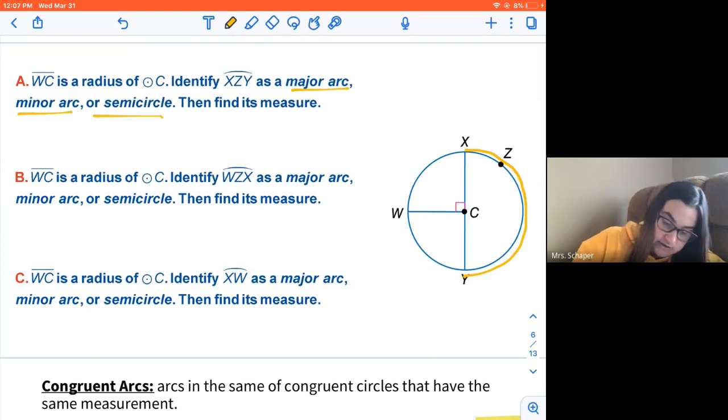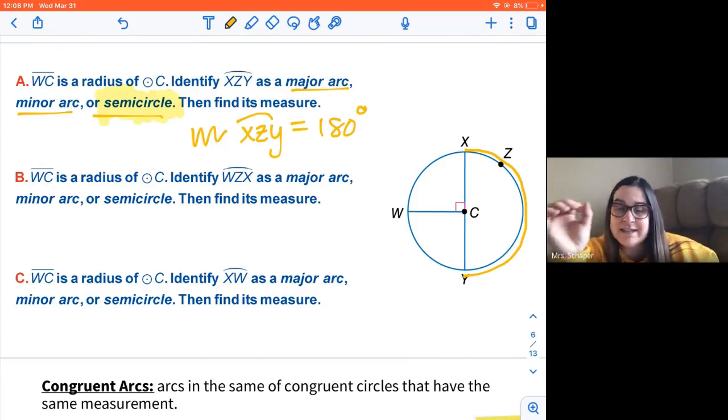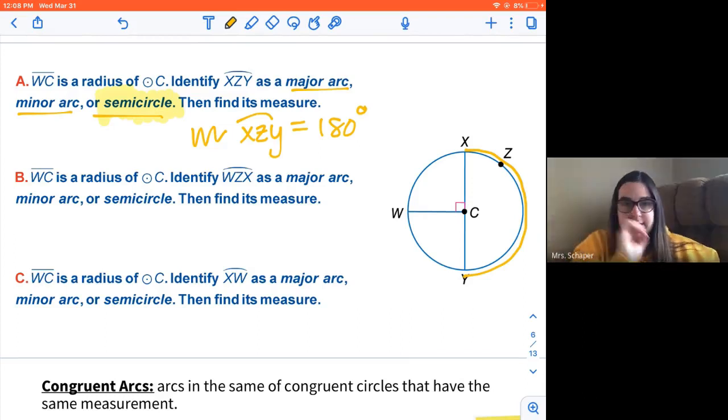It's actually going to be a semicircle, which means that the measure of arc XZY is equal to 180 degrees. The arc measure is in degrees.